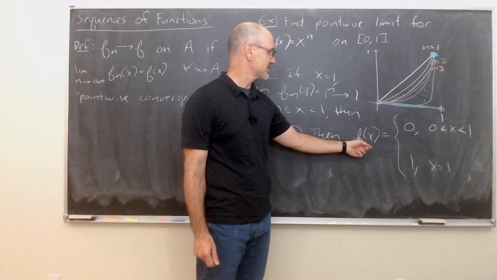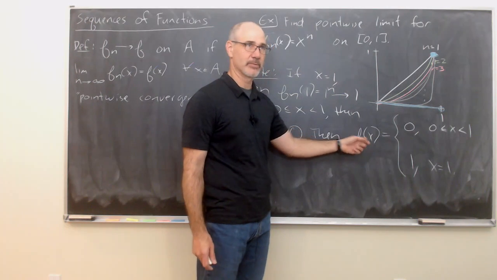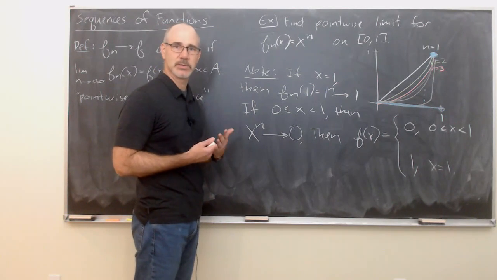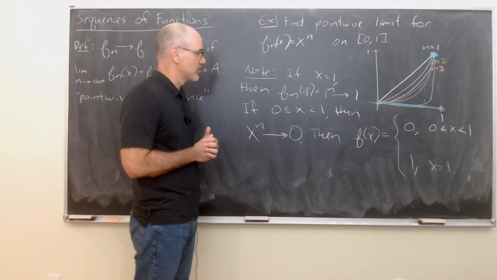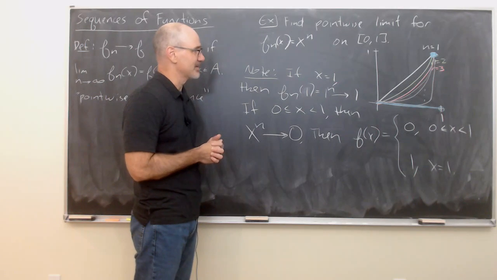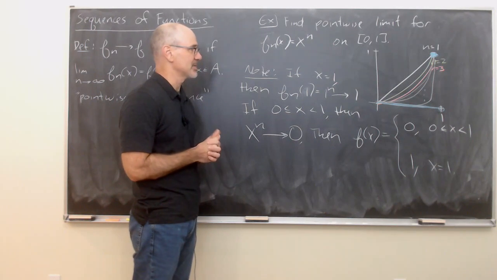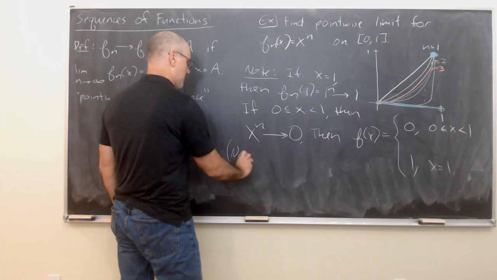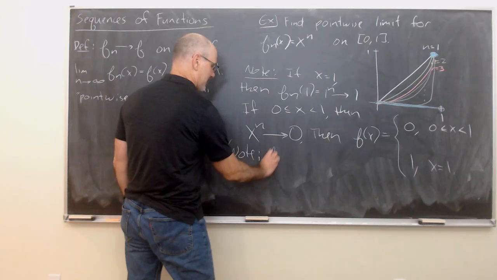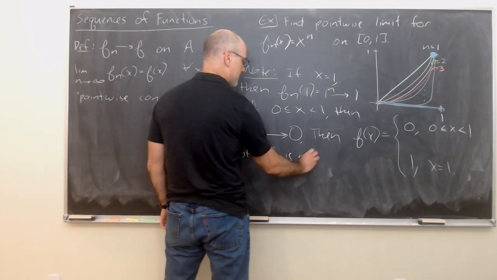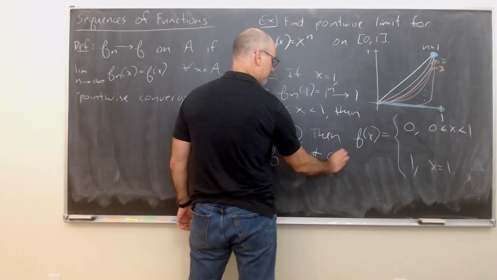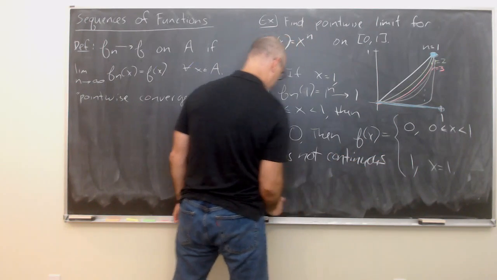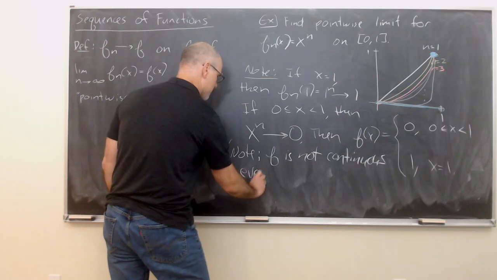And that's something that we really would like to have happen, right? We would like for sequences of continuous functions to have continuous limits. And so this example shows us that pointwise convergence is not enough for that. So we're just going to note f is not continuous even though all of the other functions are.